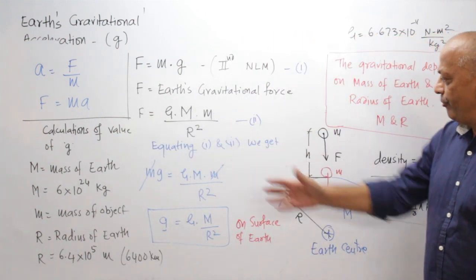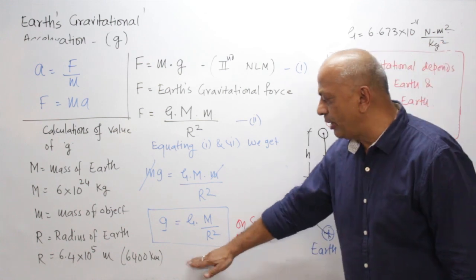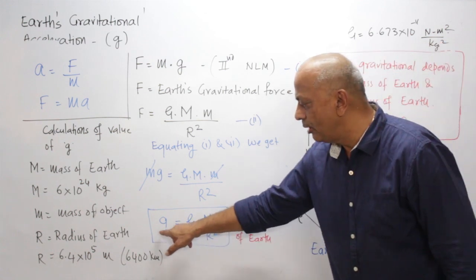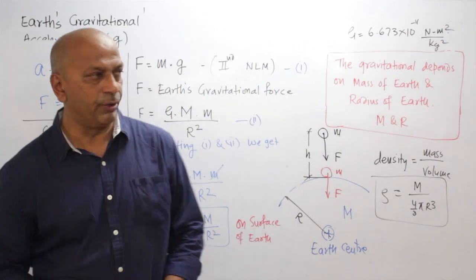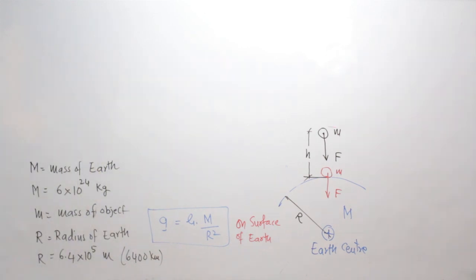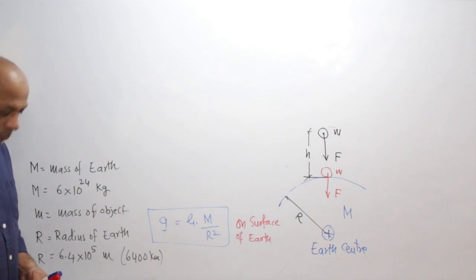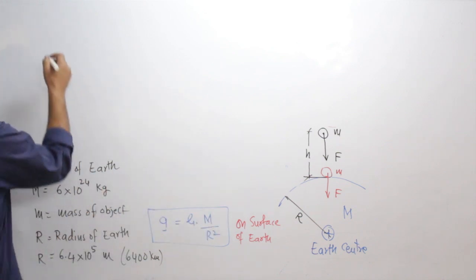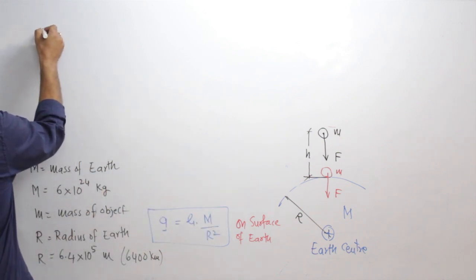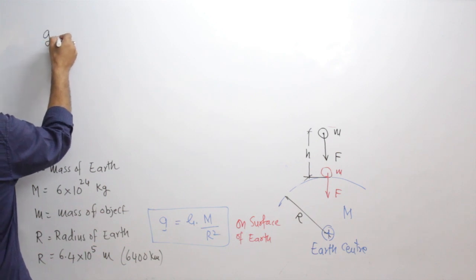So if you write it down, we'll calculate the value of gravitational acceleration. We can calculate the value of g simply by putting in the values. Gravitational acceleration is denoted by g.